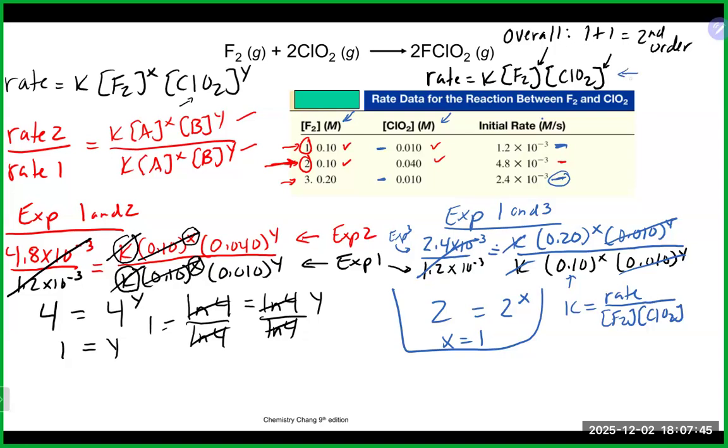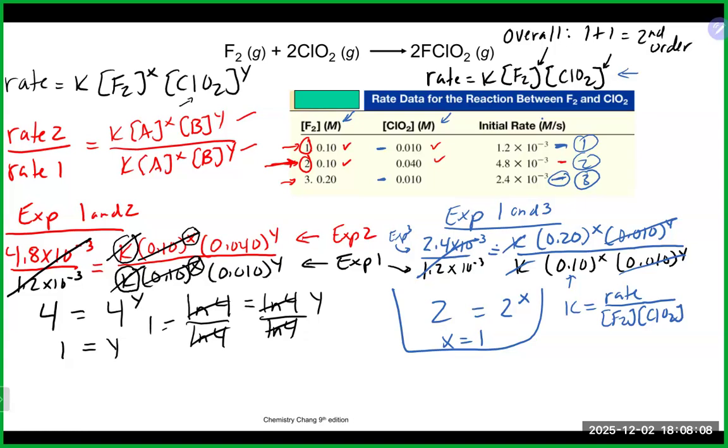And that is just rearranging this rate law that we just solved for. Where do I get those numbers from? Frankly, I get it from the table. So you could choose any entry you want. You could choose the first entry, the second entry, the third entry, and you can put those values into this formula here, and it will give you the value of the rate constant. The only thing you can't do is mix and match.